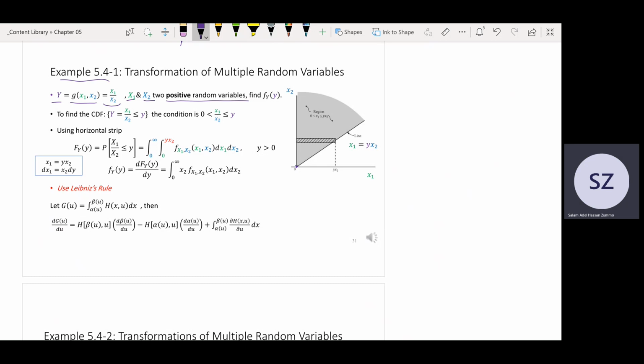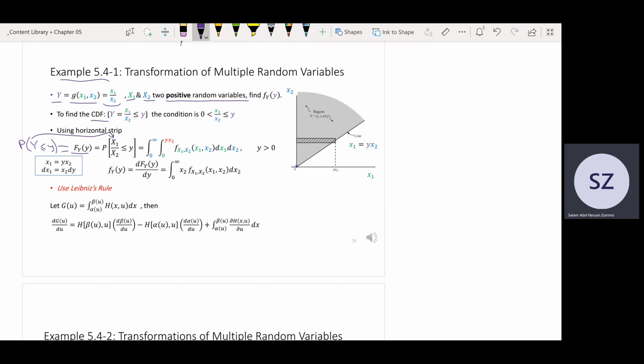In order to find the PDF of y, we need first of all to find the CDF, and then differentiate. So we write the CDF of y, F_Y(y), which is equal to the probability that y is less than a number. But what is y? We write the function x1 divided by x2.